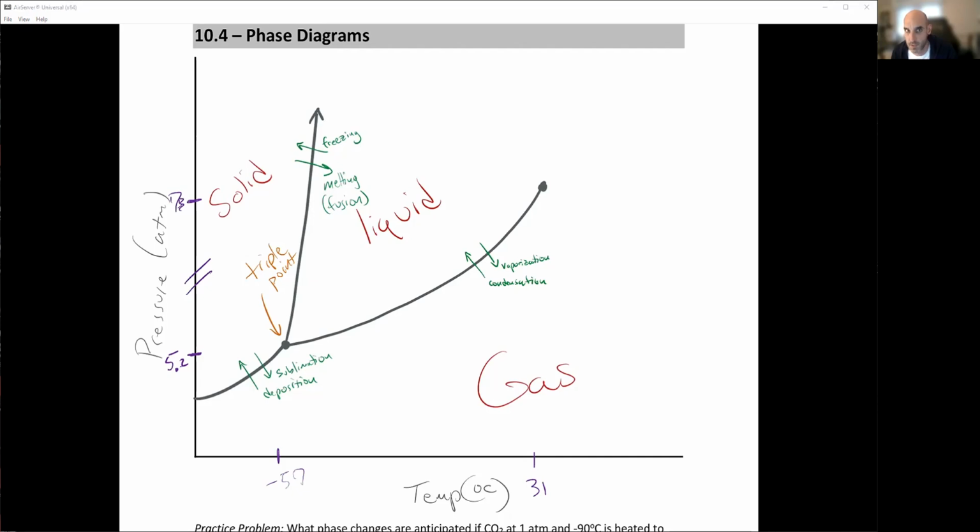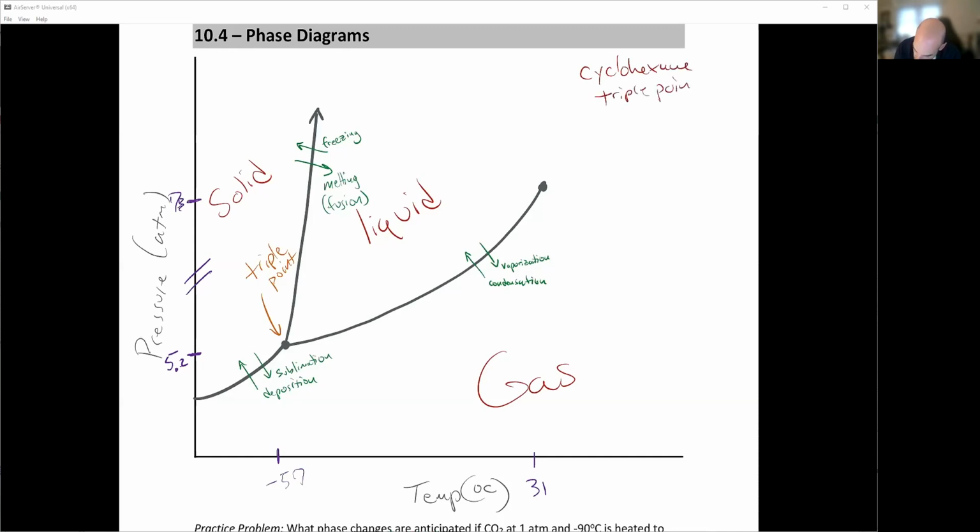I can't seem to find it right now, but I will link it. You should look it up on YouTube or Google and you'll see the clip. It's pretty crazy. You're going to essentially see all three phases exist at the same time, which is a really weird thing, but we'll see it in a second.